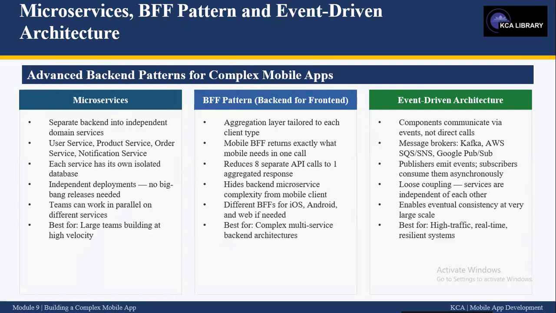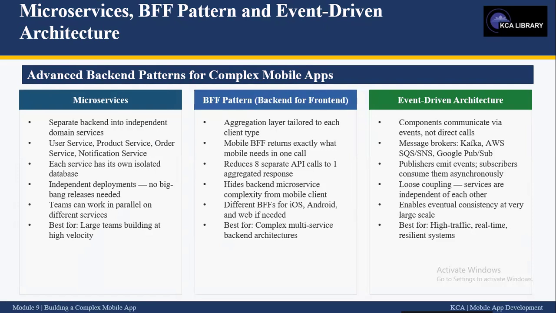Microservices, BFF pattern and event-driven architecture. Advanced backend patterns for complex mobile apps. We have microservices, BFF pattern, backend for frontends, then event-driven architecture. Microservices separate the backend into independent domain services: user services, product services, order services, notification services.